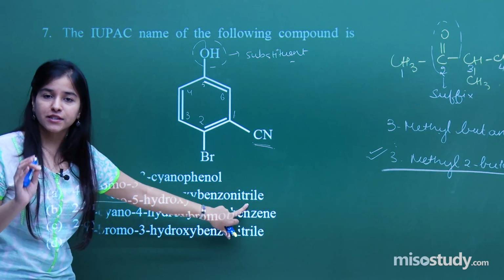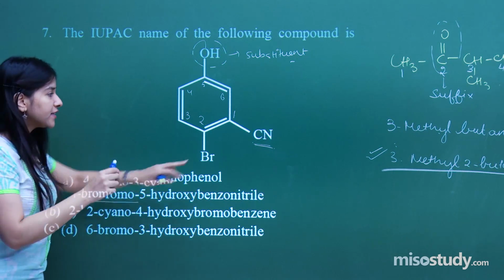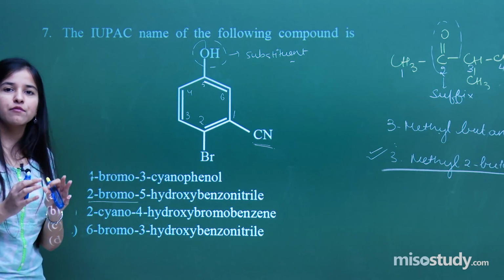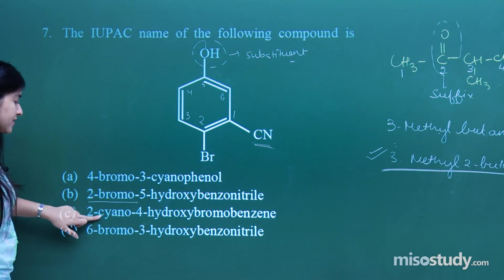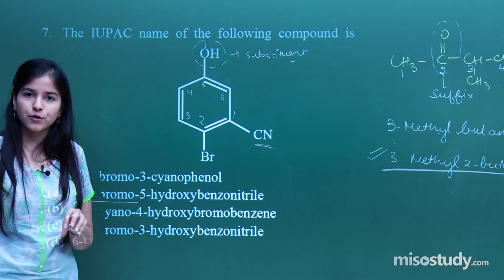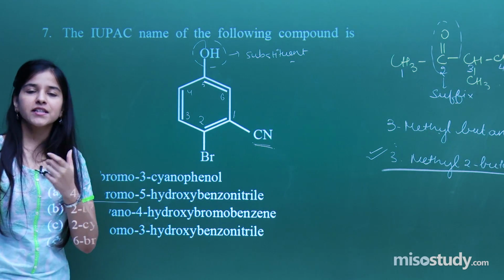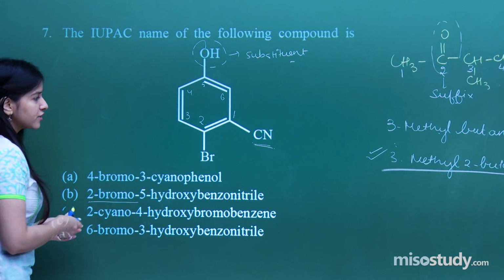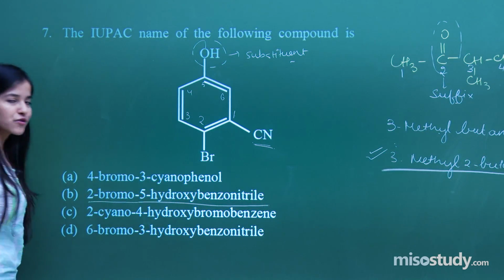That means what? The suffix of CN, the cyano group here. If this CN had been present in the substituent part, I would have named it as cyano. But here it is present as the main functional group, so it is included in the suffix part, having the proper name for the suffix, that is nitrile for the CN group. So it would be 2-bromo, 5-hydroxy benzonitrile is the answer.